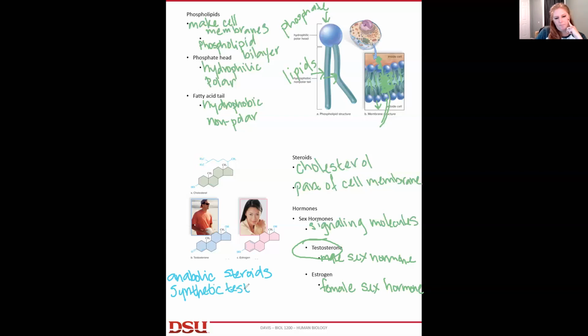So when we're speaking about this type of synthetic hormone, we're obviously looking at more of a male population who's going to be wanting to use it, because the male sex hormone testosterone is responsible for the development of secondary sexual characteristics, like estrogen is for females.